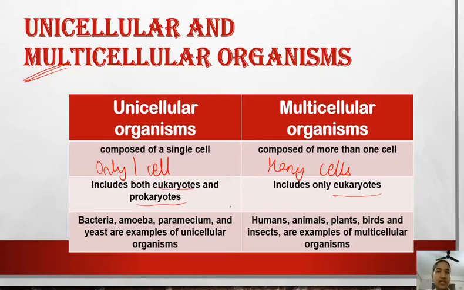For now, you just understand that eukaryotes have proper membrane-bound organelles. That means they are a very modern type of cell. They are very properly arranged in a uniform, organized manner. Eukaryotes are organized, and prokaryotes are not organized.